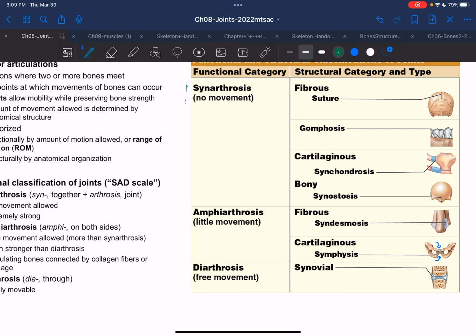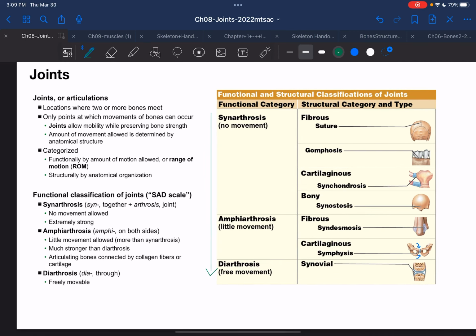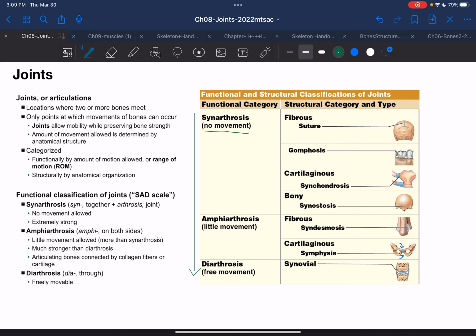If we draw our arrow, I'm going to use the little tool here. You draw a line this way and draw your arrow this way. That's the amount of mobility these have, with no movement on this end of the spectrum of the arrow. Then as we travel in this direction, we have much more movement. The labels are there already for you: free movement here.